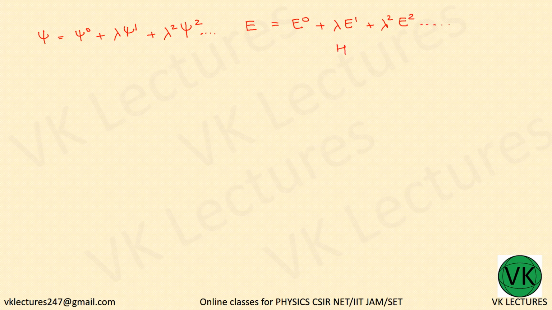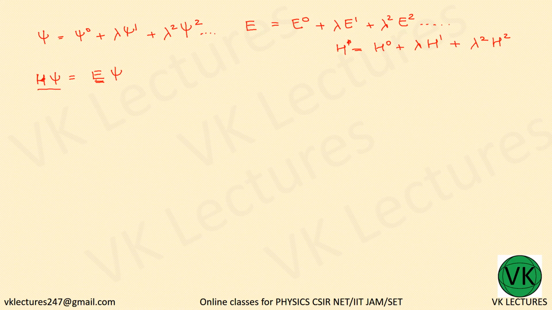Corresponding to the wave function, the Hamiltonian is H is equal to H naught plus lambda times H1 plus lambda square times H2. These all are the order of the perturbation. Now we know H psi equal to E times psi, where E is the eigenvalue.